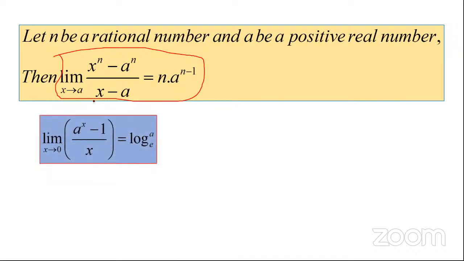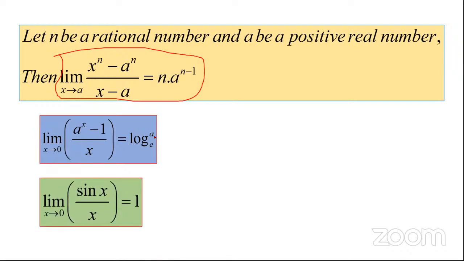Then the next formula: the limit as x tends to 0 of (a^x − 1)/x is nothing but log a to the base e. One more thing, the limit as x tends to 0 of sin x / x equals 1.